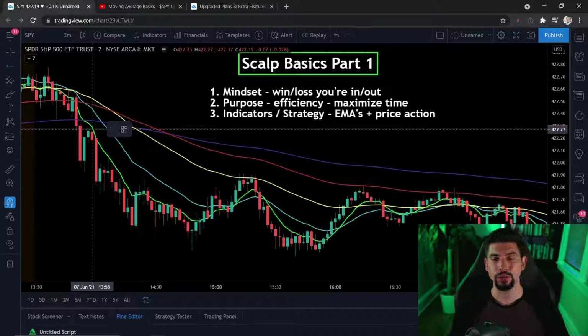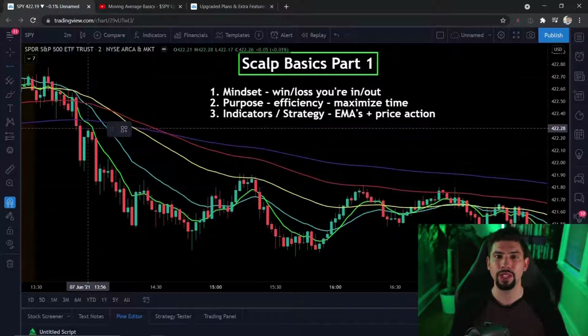But the 8 and the 21 are your most important ones for short-term momentum, which is what we're looking to take advantage of when we're scalping. We don't really care what it's going to do 20 minutes from now or 3 hours from now. We just want to know what is the probability and what is the most likely move that we're going to see in the short term. So that's what we're focusing on.